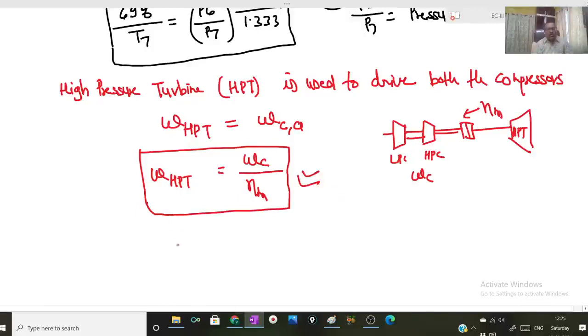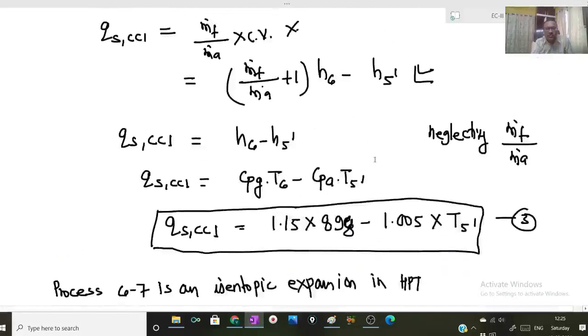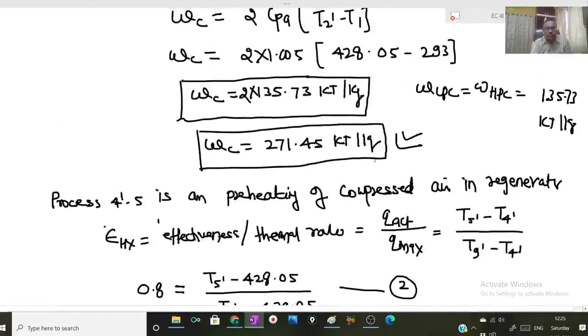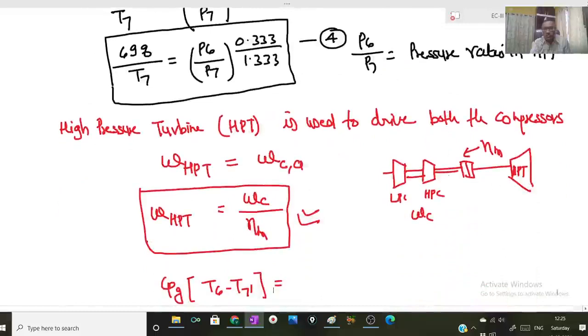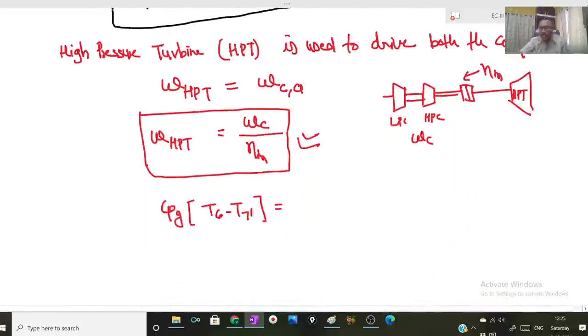Now WHPT will be CPG into T6 minus T7 dash. Compressor work we have already calculated and this value is 271.45, and mechanical efficiency is 95%.